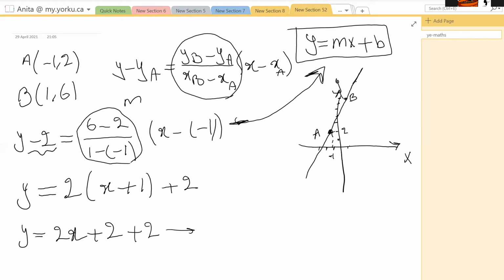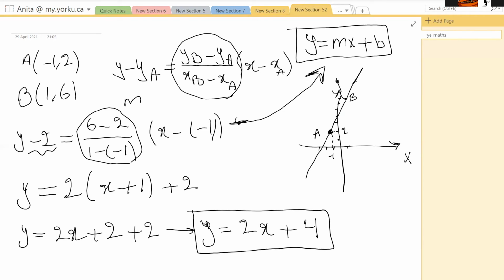Therefore, y is going to be 2x plus 4. Understand?